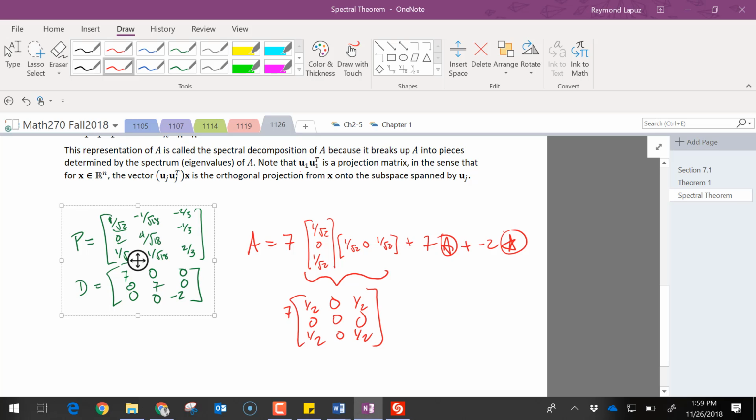This is called a projection matrix in the sense that for x in Rn, if you apply a vector to that matrix, it's an orthogonal projection of that vector onto the subspace spanned by u. So this is a special projection matrix that projects any vector in R3 onto that u1 vector. And then we can do the same thing and find these other orthogonal projections.